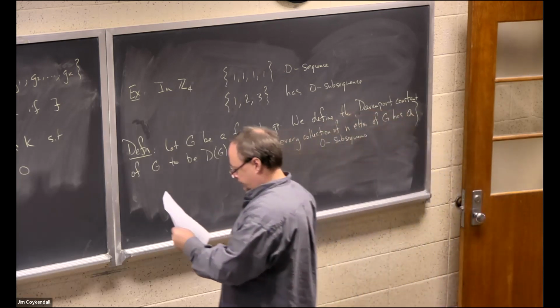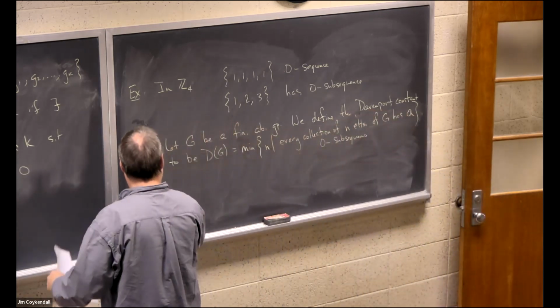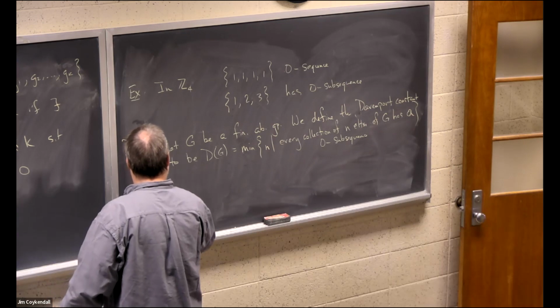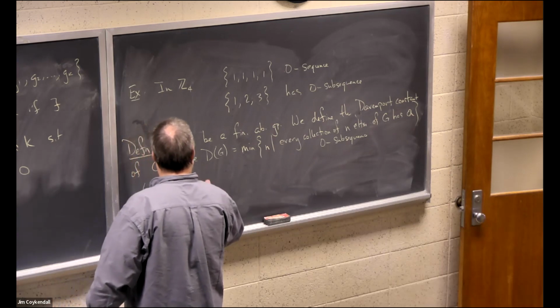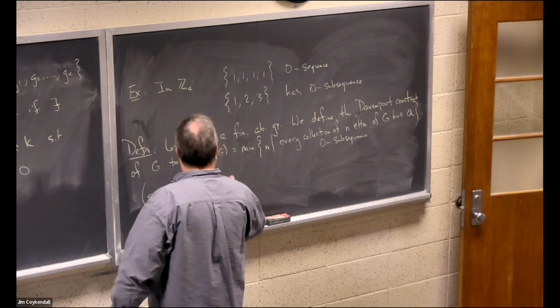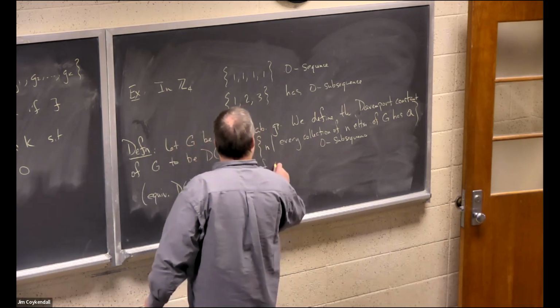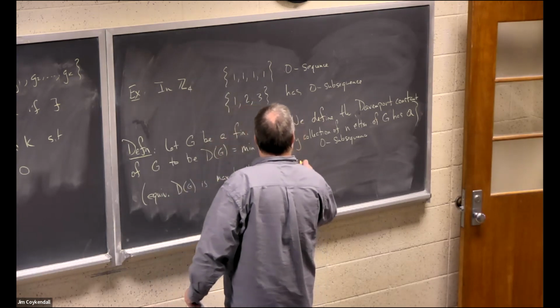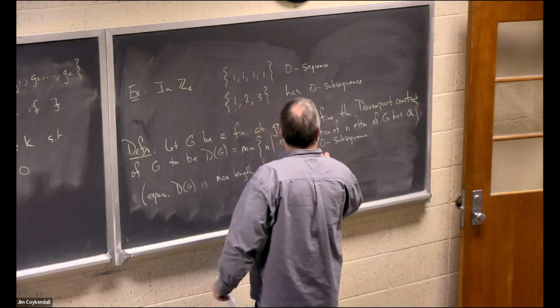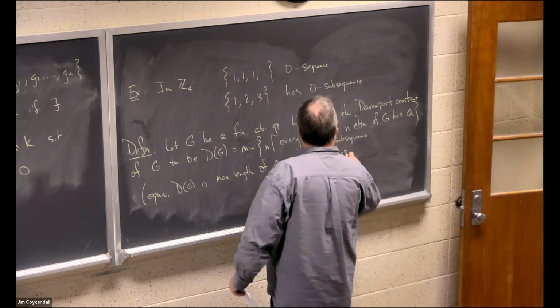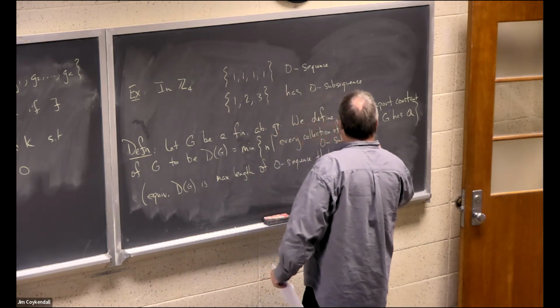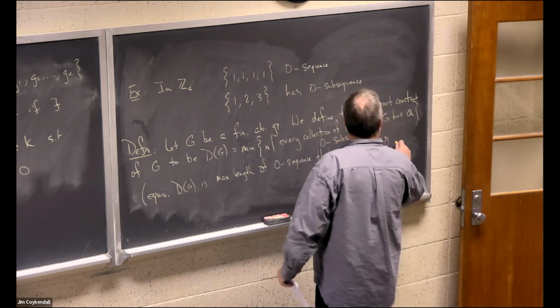Equivalently, D(G) is the maximal length of a zero sequence that has no proper zero subsequence.